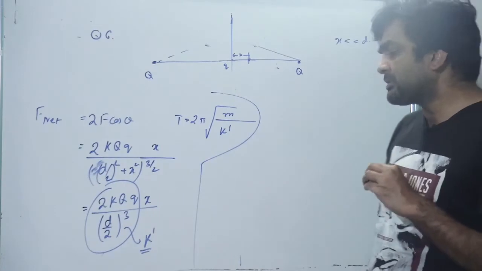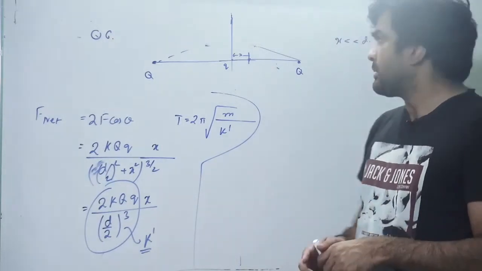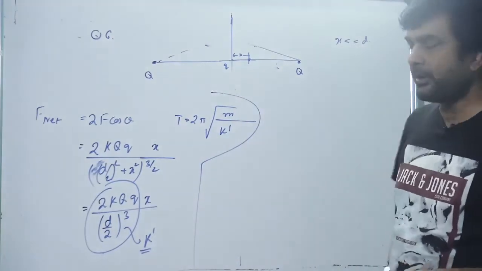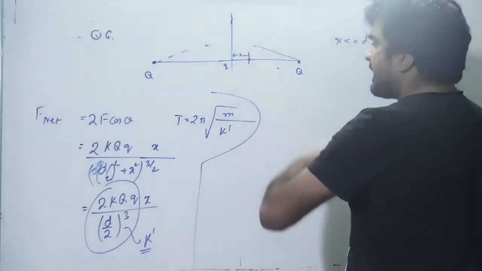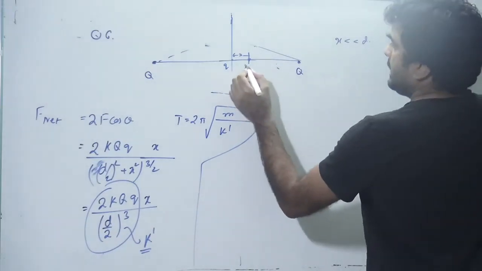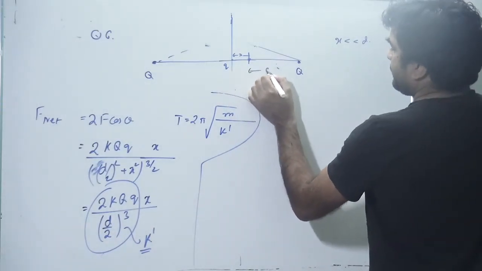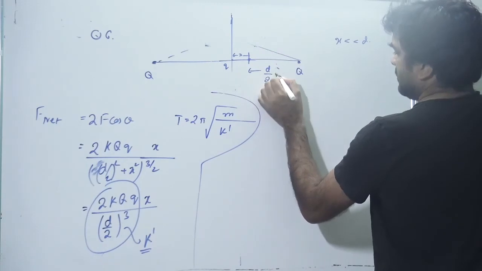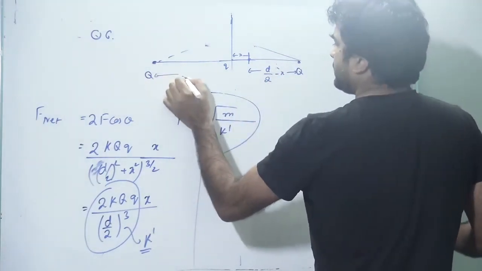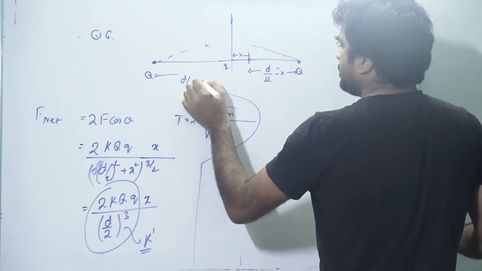So for this problem, this charge Q and this small charge q should be of the same sign. If it is displaced slightly from mean position, it will experience a force. This distance will be d by 2 minus x. This distance will be d by 2 plus x.